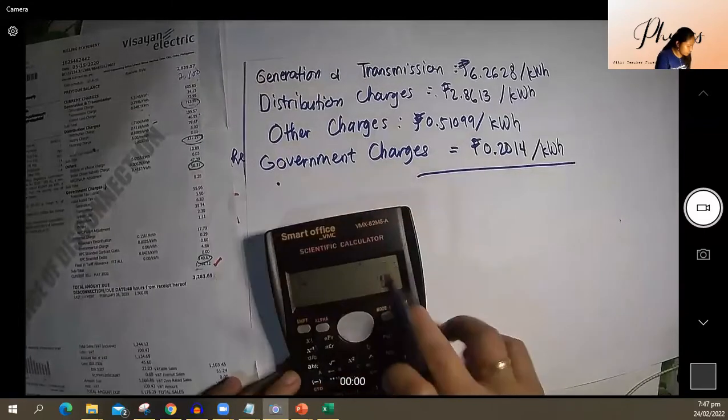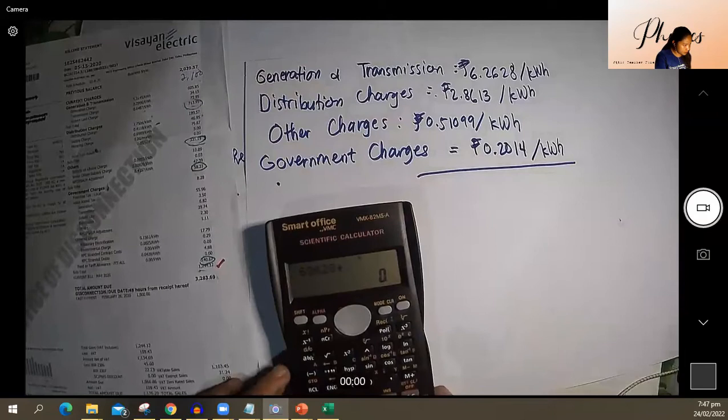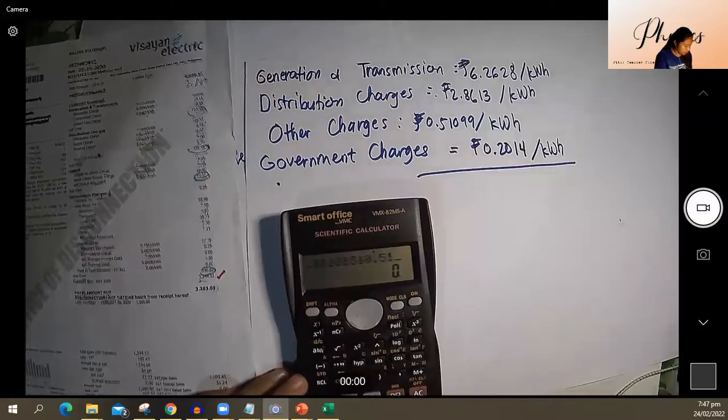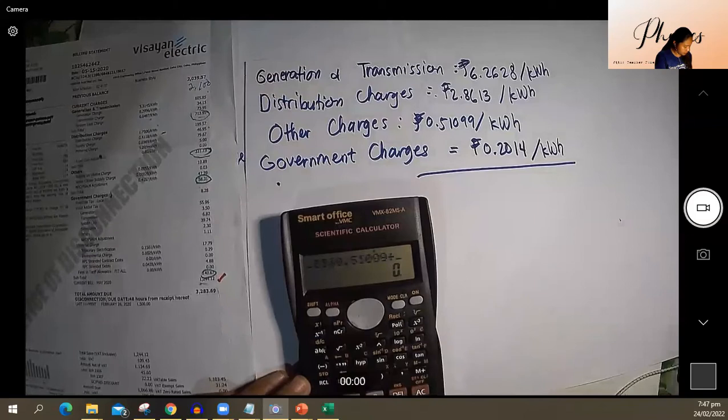So we have 6.2628 plus 2.8613 plus 0.51099 plus 0.2014.